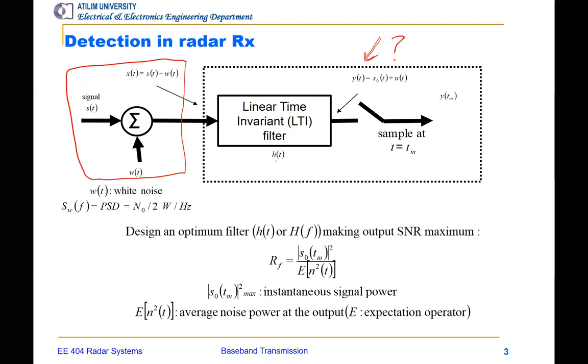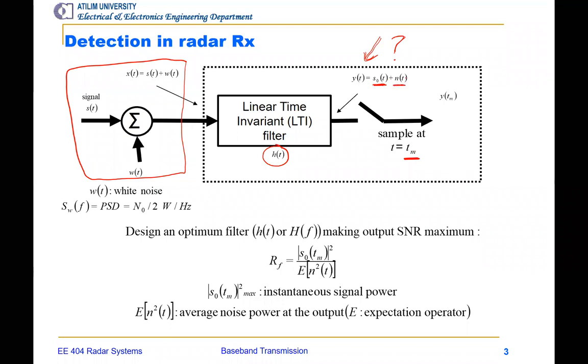Here you see we model the receiver as a linear time invariant filter, whose impulse response is h of t, and a sampling process follows this LTI filter and takes samples at every TM. Okay, at the output of the filter, we assume that we got a filtered signal and the noise.